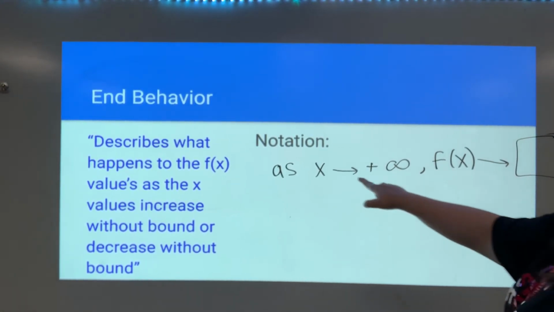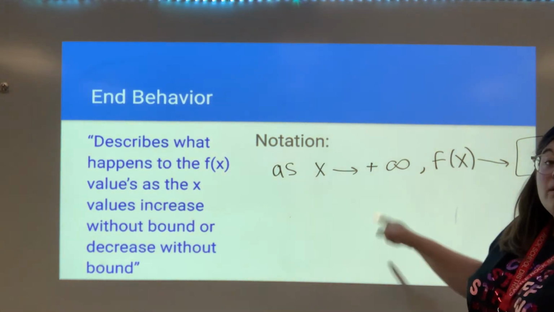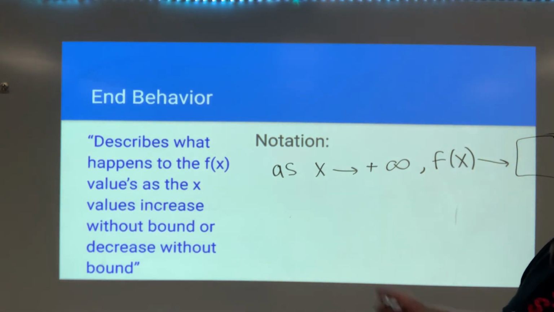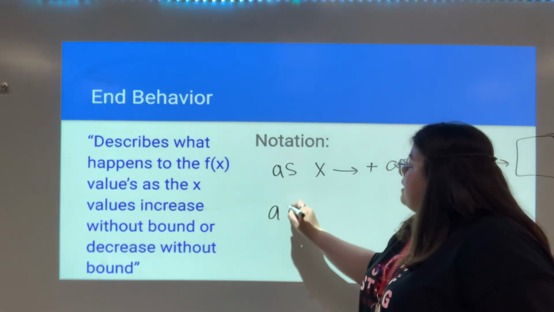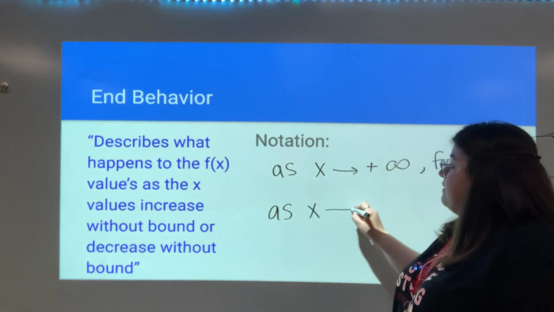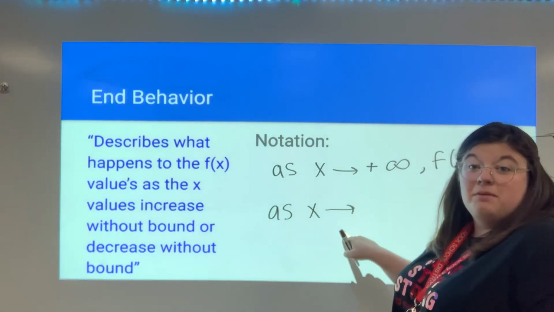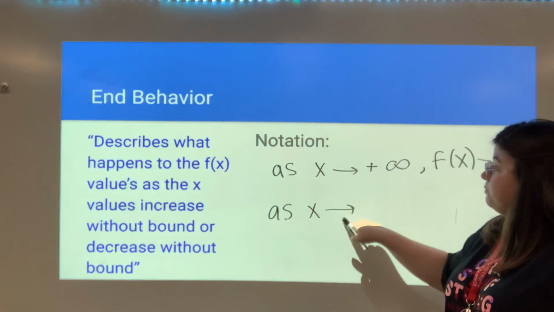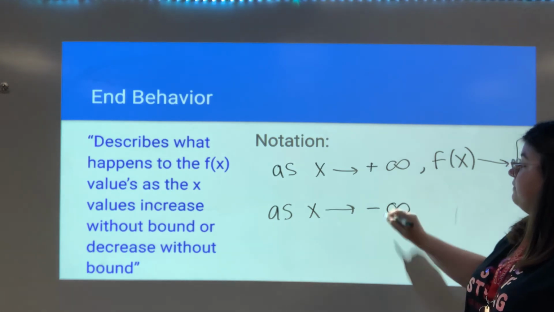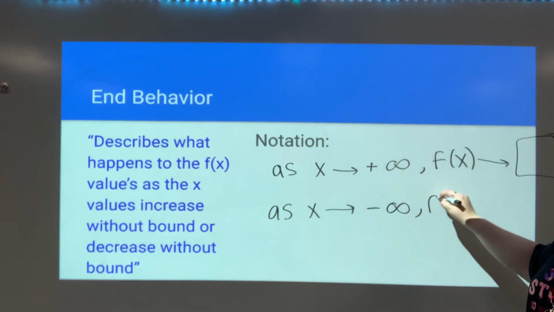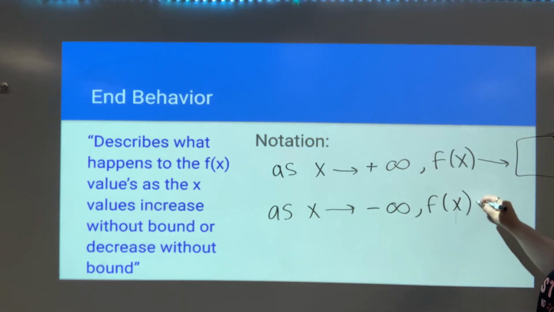So that's as x increases without bound, but what about when x decreases without bound? So that would mean that as x approaches, these little arrows kind of mean approaches, as x approaches negative infinity, what's happening to our f of x? And again, that is where you would put your answer.